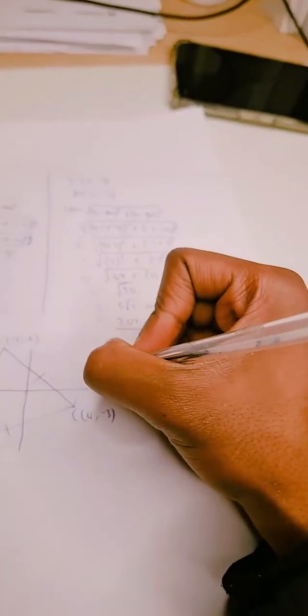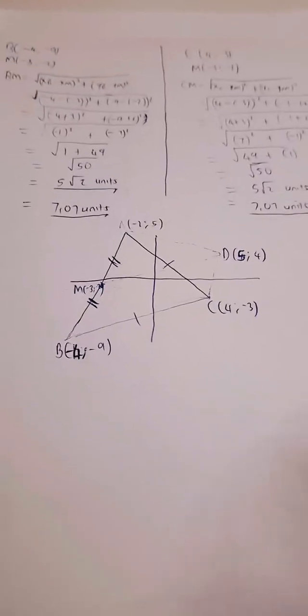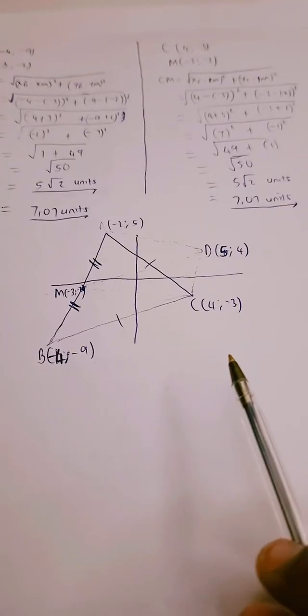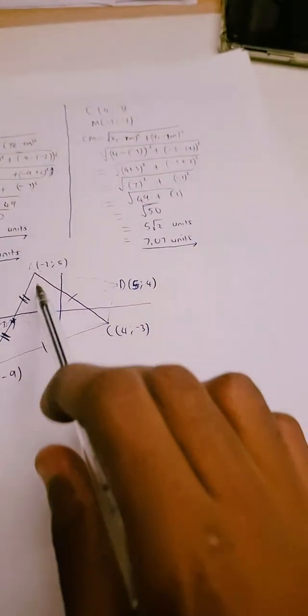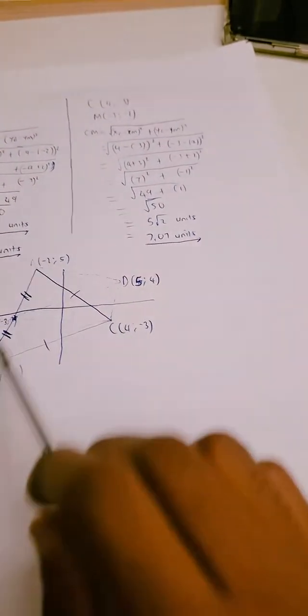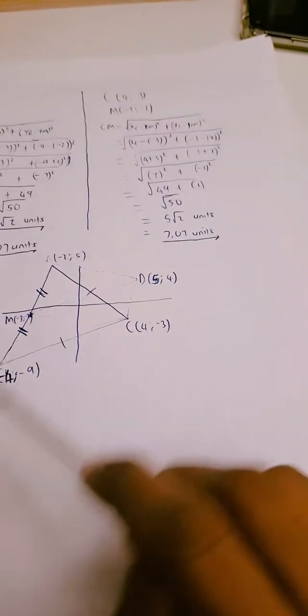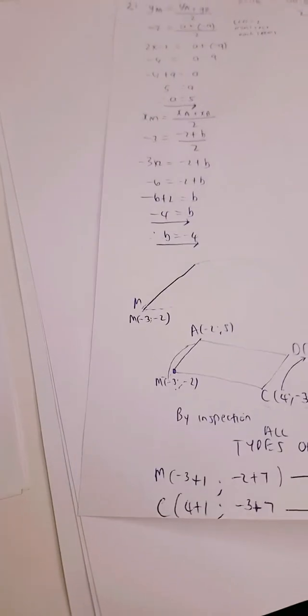Oh, D was 5 and 4. Okay. AB, we had the length of AB, right? The whole entire length of AB we had gotten, because we need to establish some few things there.